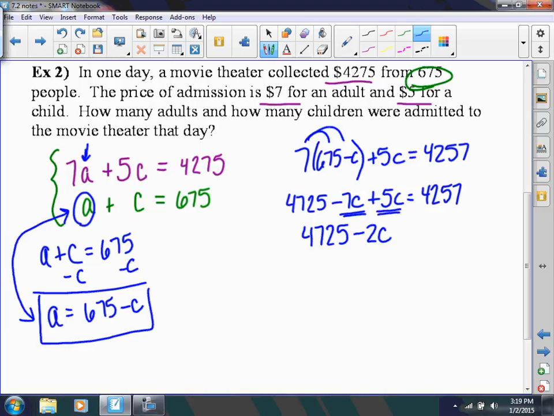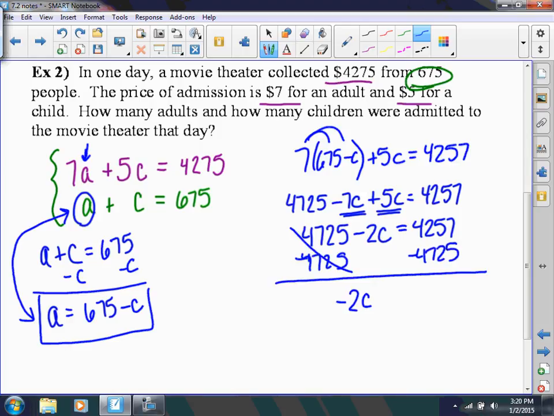So I'm just going to combine them as they are. I don't have to do the opposite. But now to combine my numbers, I do have to do the opposite here. Oops, I have to subtract the 4725. Okay, so I'll have negative 2c equals negative 450.